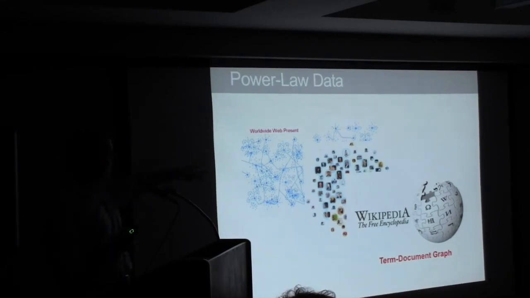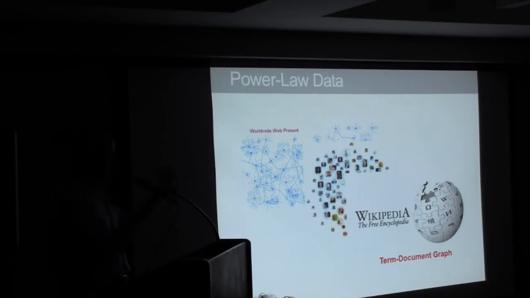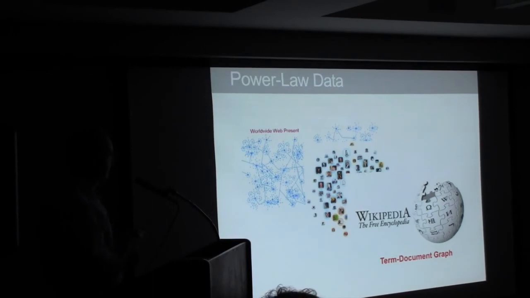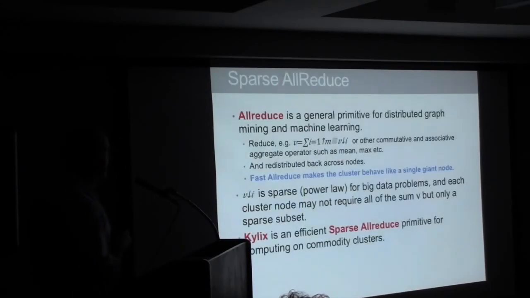Some features are much more frequent than others, and they follow a power law. Some people have 10,000 friends, other people have just one friend. For any attribute that is power law distributed, if you sort that attribute by rank, you get a frequency curve that follows a power law.